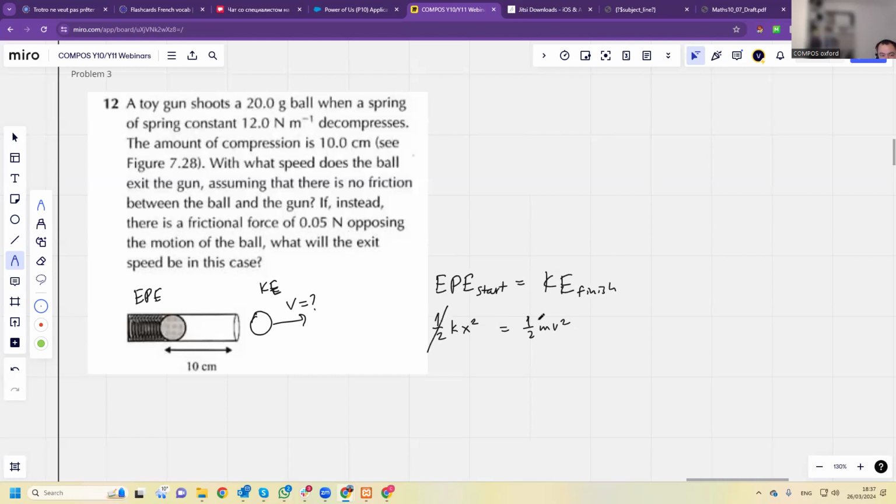All right, now you can cancel the 1/2. Divide by m. So v squared is k over m x squared.